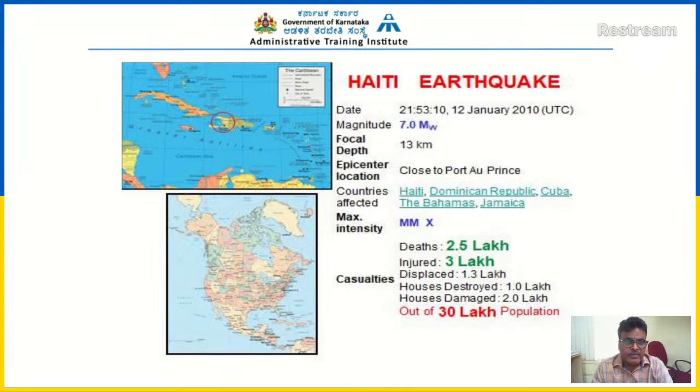Therefore, this is the kind of casualties and loss of life. If you compare the Haiti and Gujarat earthquakes, Haiti's buildings were more vulnerable. Therefore, loss of life was much more than in the Bhuj earthquake. Might be it was also not properly managed in post-earthquake management.